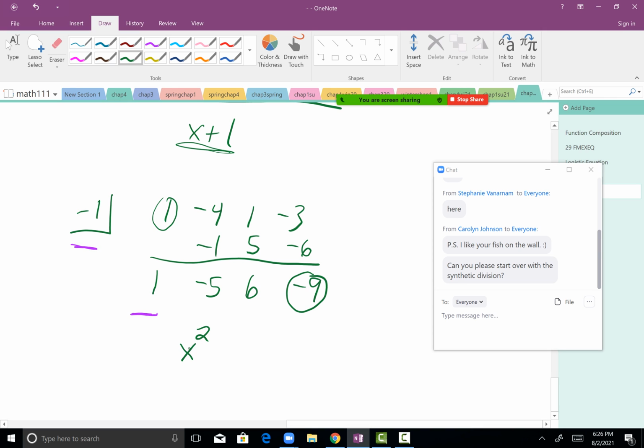So this would be 1x squared minus 5x, that's 1 less, plus 6. That comes from these things with a remainder of negative 9. All right, so that's how synthetic division works, which is a lot easier than the long division.